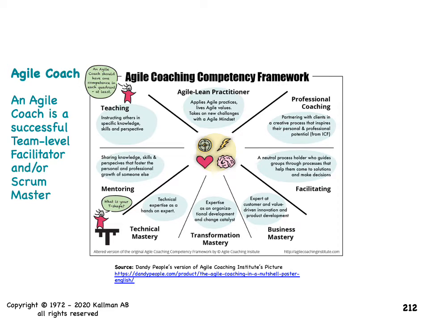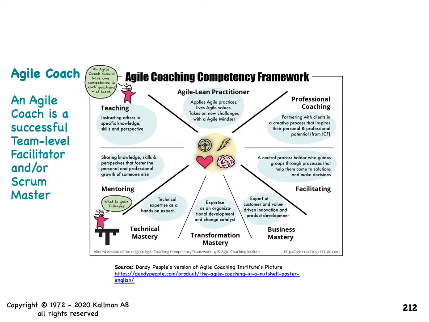Over on the left there, an Agile coach needs to either be a really good teacher or a good mentor. That's on the left-hand portion. There in the middle at the top, they need to be an Agile Lean practitioner, which means it goes well beyond just Scrum and Agile. When you're into Lean, you're talking about theory of constraints and Toyota Lean production and Lean manufacturing, even things like Lean Six Sigma, whatnot.